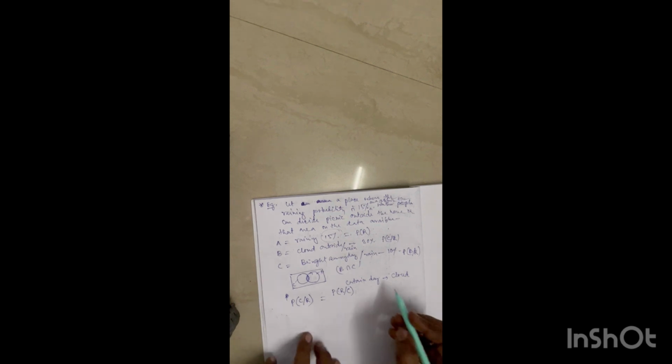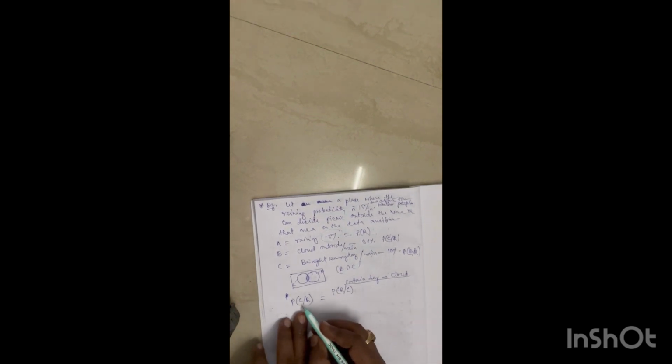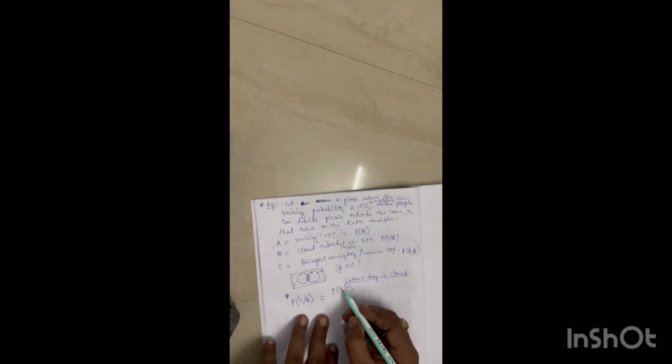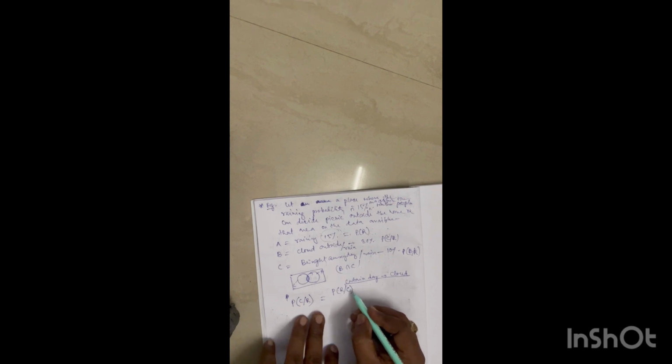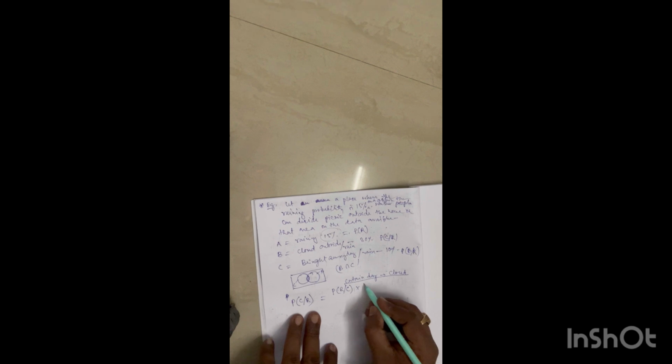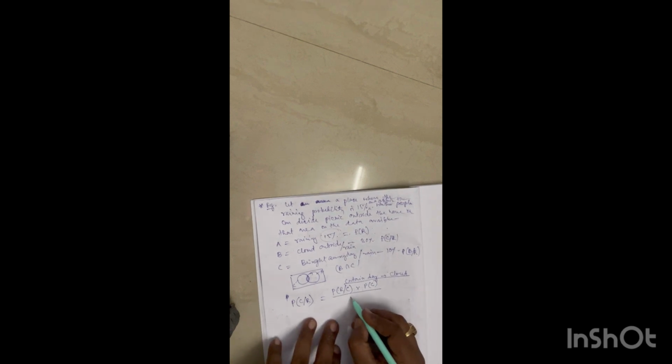Now I have seen that day there is a cloud, so I want to get the cumulative effect of cloud on rain. It depends on the probability of rain when there is a cloud, into the probability of cloud, divided by the probability of rain here.